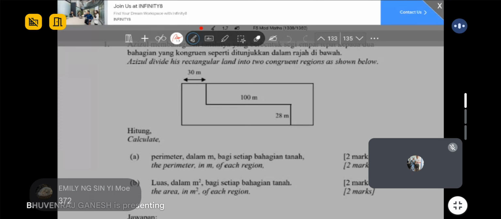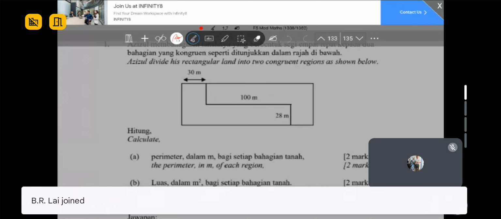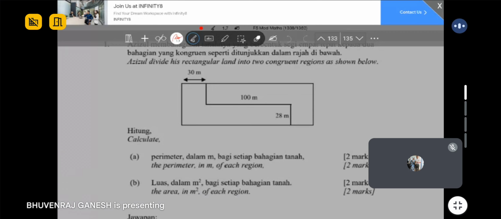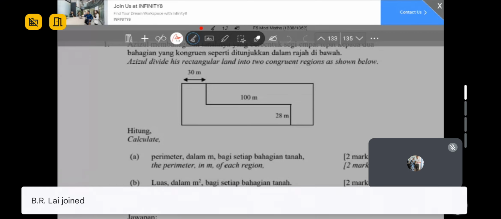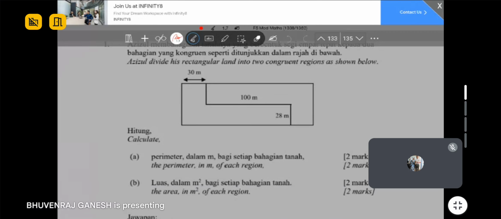Okay, very close, but slightly wrong. Sedikit salah sahaja. Okay, let me check and see. I think it's just very slight. Can anyone else try? What is the perimeter? Apa perimeter untuk soalan ni?